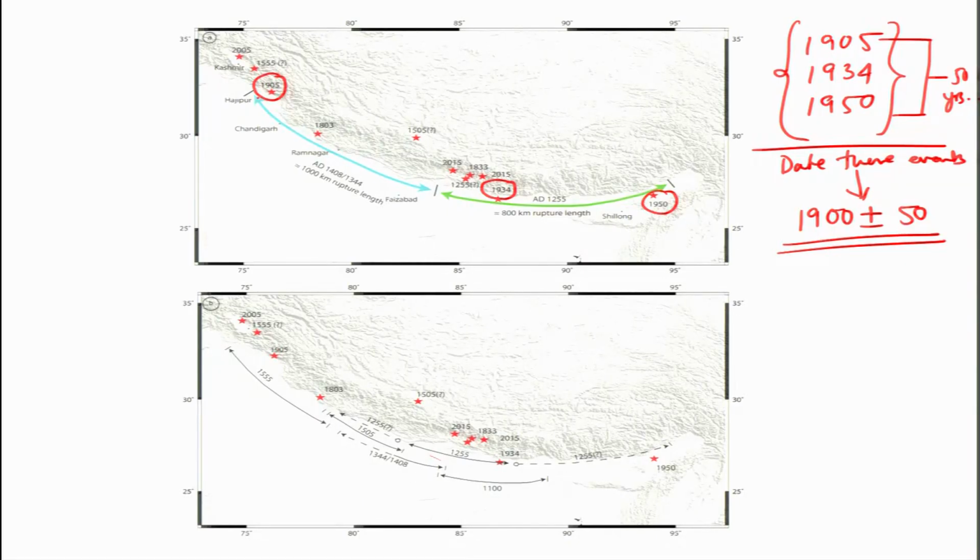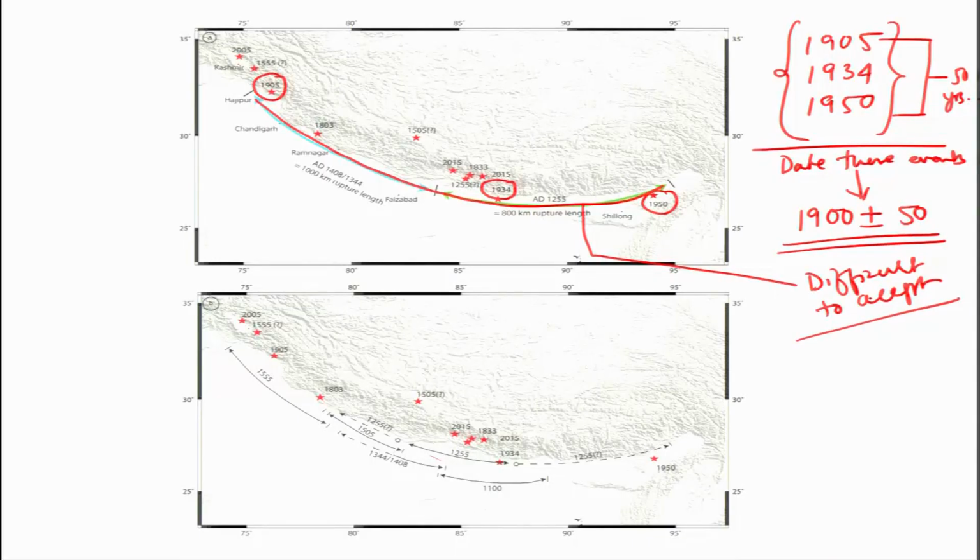Then in that case, I will be able to rupture this whole front, which is a bit difficult to accept. Now, if you rupture this full front, then you need a magnitude greater than or equal to 9.